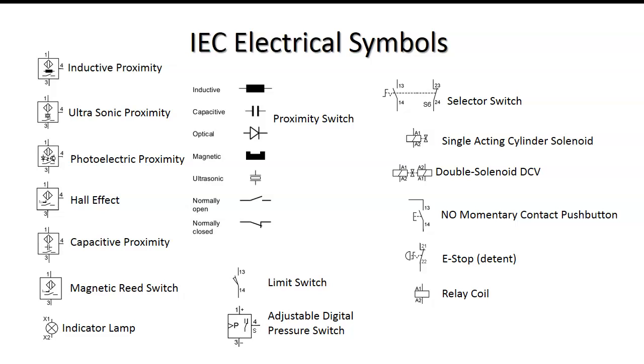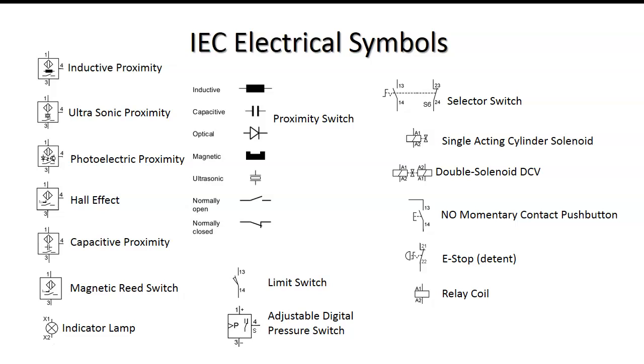Over here, all your sensors are in a square. Then it's got the little triangle with 2 dashed lines on it, which indicates it's a sensor. This indicates it's only got a single pole, single throw, normally open. And this little symbol right here identifies what type of sensor it is. We'll come back when we go through these to make sure we see it.